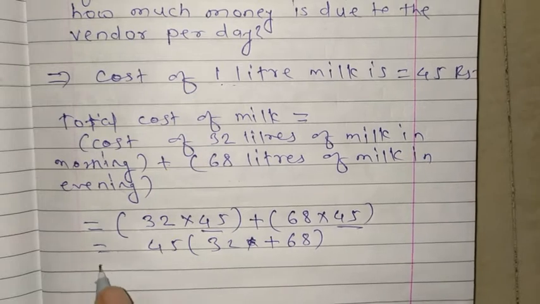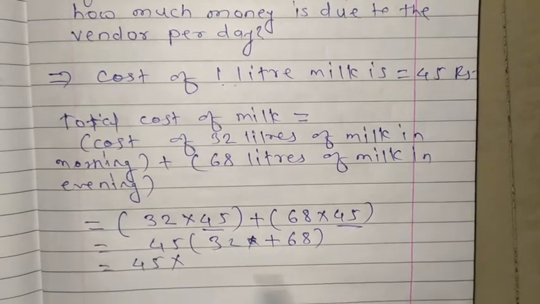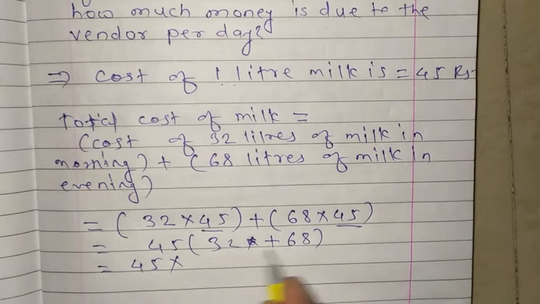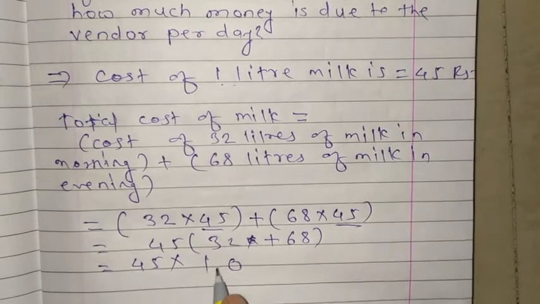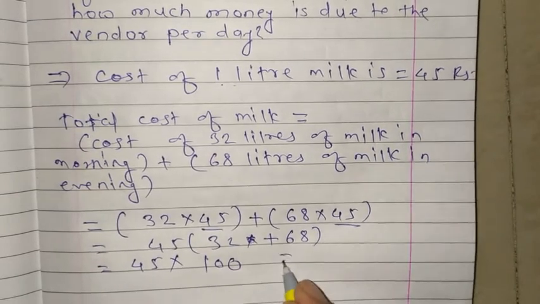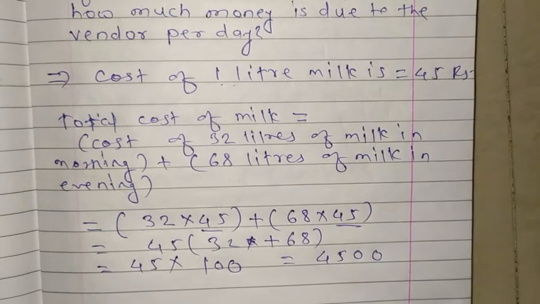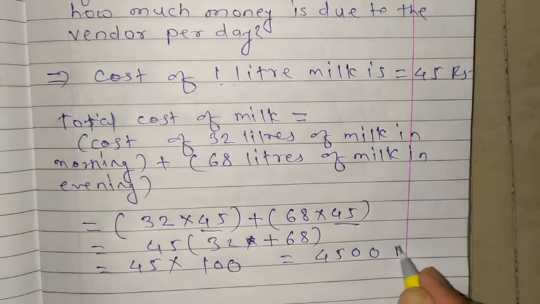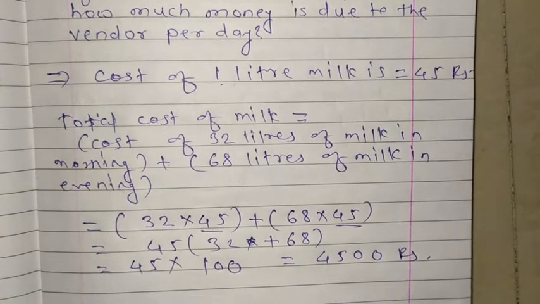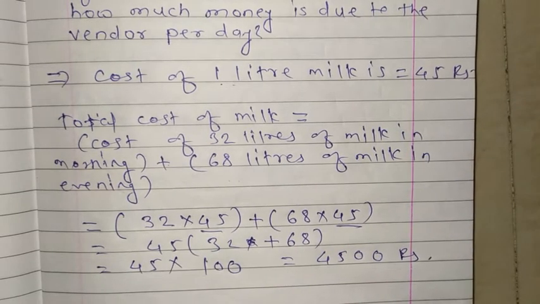So 45 into 68 plus 32, how much? 8 plus 2 is 10, 6 plus 3 is 9, then 1 carries, 100. So finally it is 4,500 rupees. This is our answer. So total money spent is 4,500.